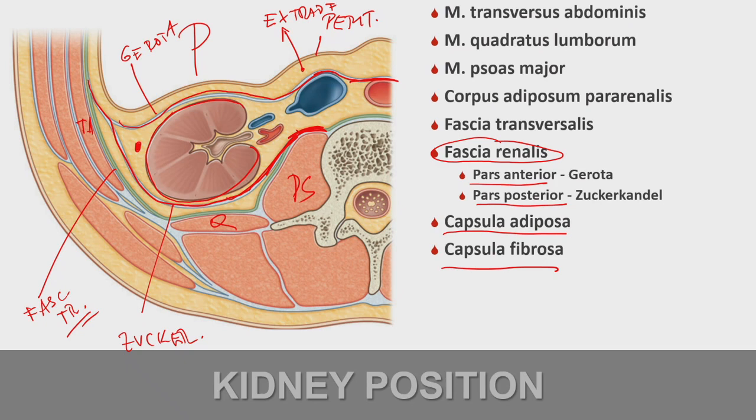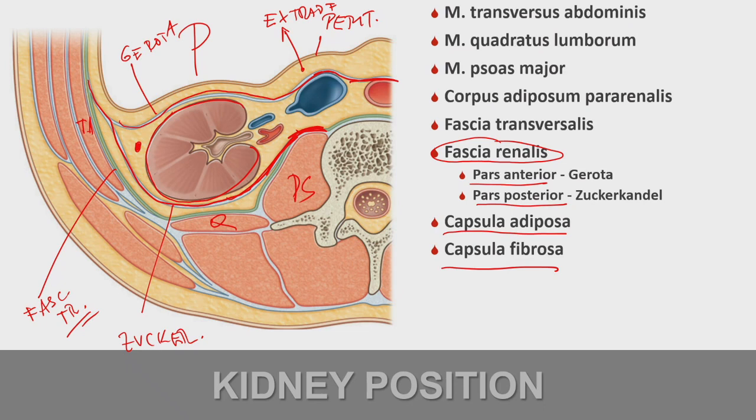which is covering the anterior aspect of the muscles of the abdominal wall. Here are the muscles of the posterior group, which contain psoas major and quadratus lumborum. So in the region of the psoas, the dorsal sheath of the fascia renalis and the fascia transversalis are fusing.